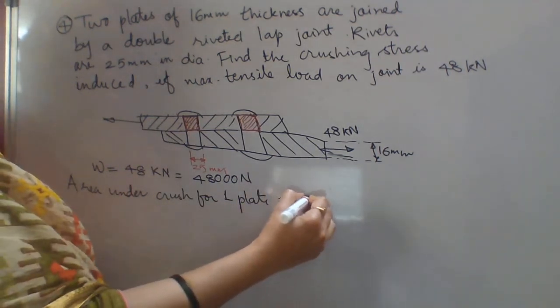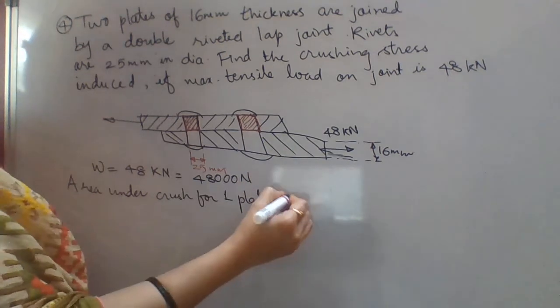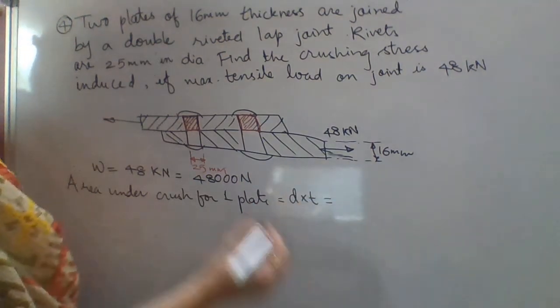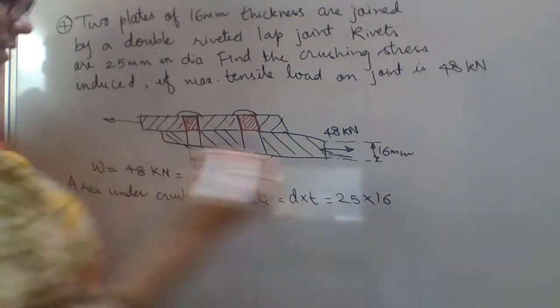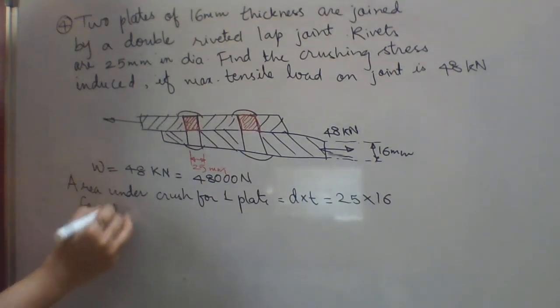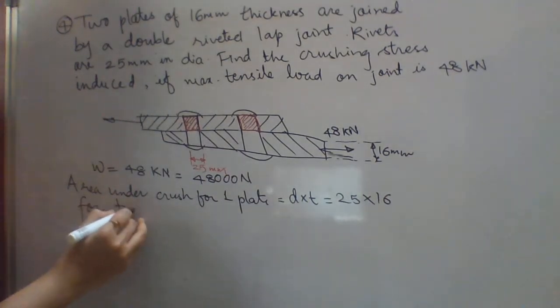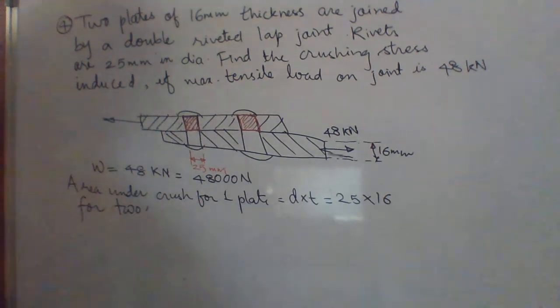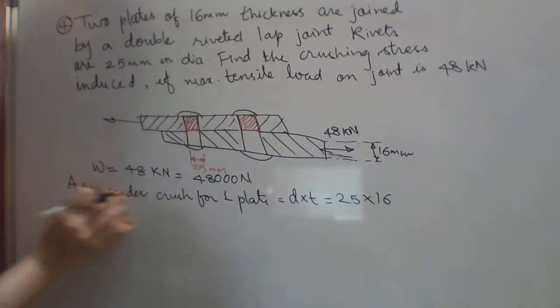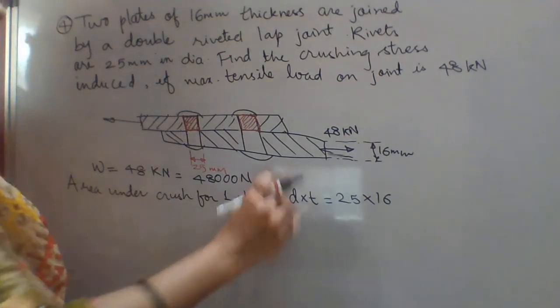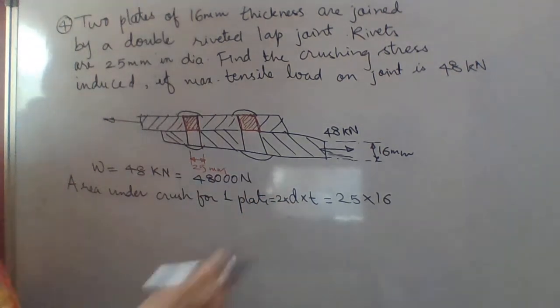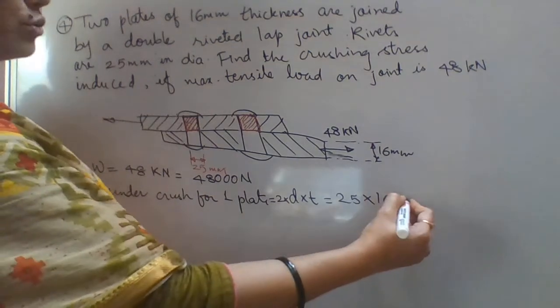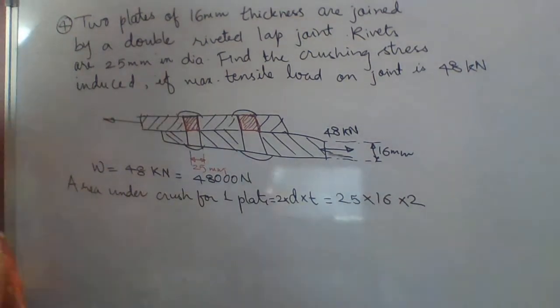It is D into T. The diameter of the rivet is 25, and the thickness of the plate is 16. Since there are 2 rivets in one plate, we'll write the area as 2 into D into T. So 25 into 16 into 2. This is the area under crush for one plate.